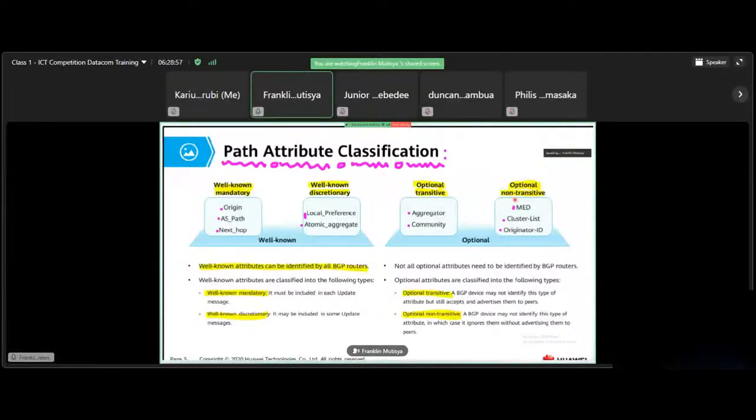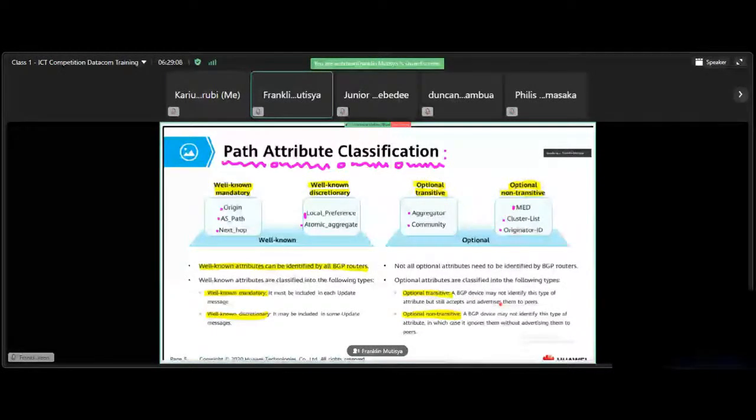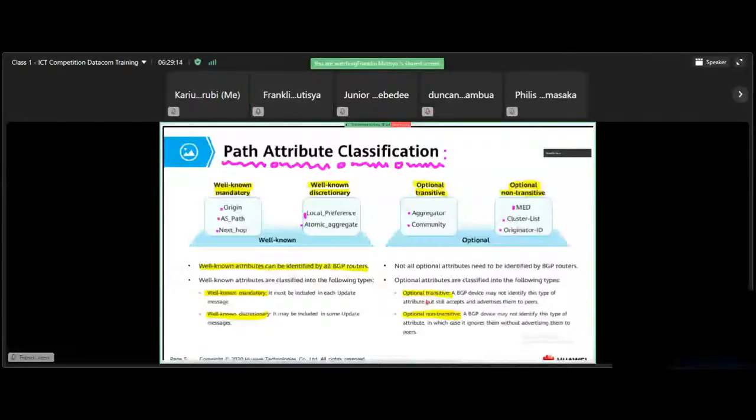Transitive optional means a BGP device may not identify this type of attribute, but still accepts and forwards these attributes to peers. Optional means that a BGP router may not recognize them and hence can still allow them to pass to other areas of the network.